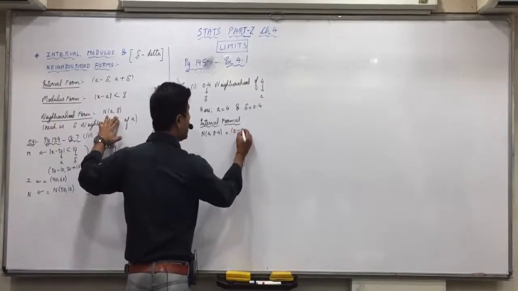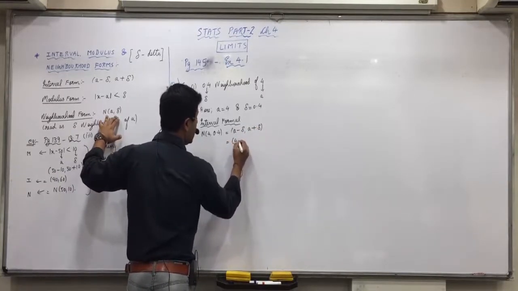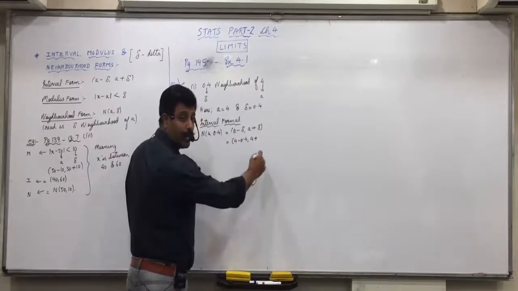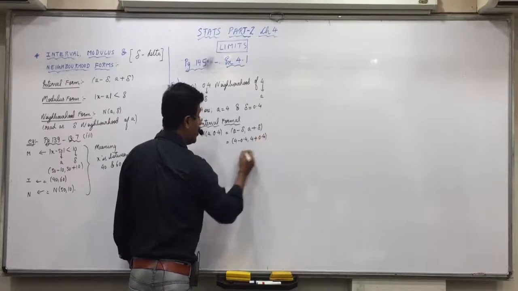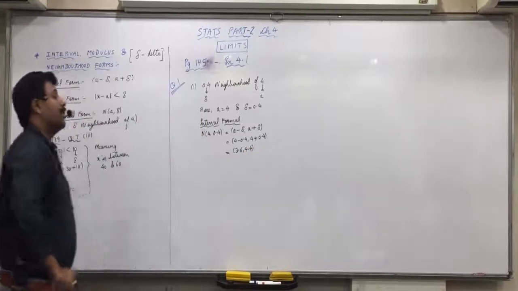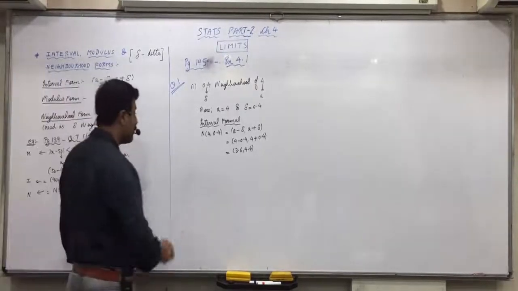Interval form: (A - delta, A + delta), 4 - 0.4, 4 + 0.4, so (3.6, 4.4). So 0.4 neighborhood of 4 means the numbers between 3.6 and 4.4 are included. 3.6 and 4.4 themselves are not included. Is everyone clear with this?